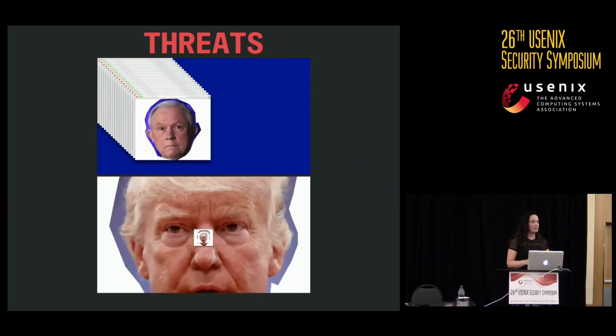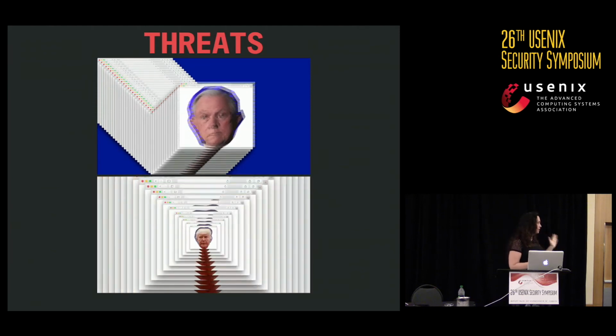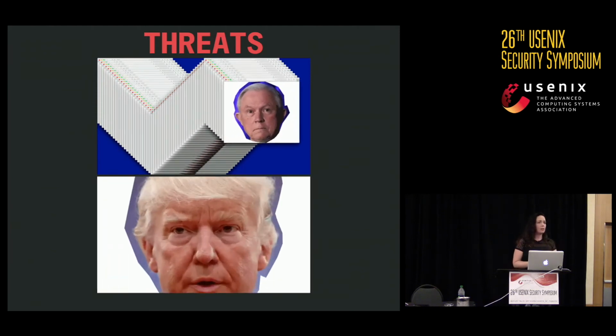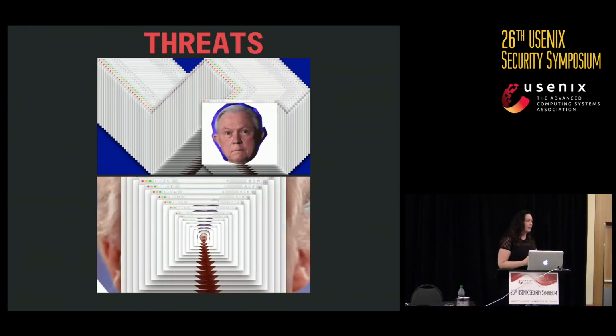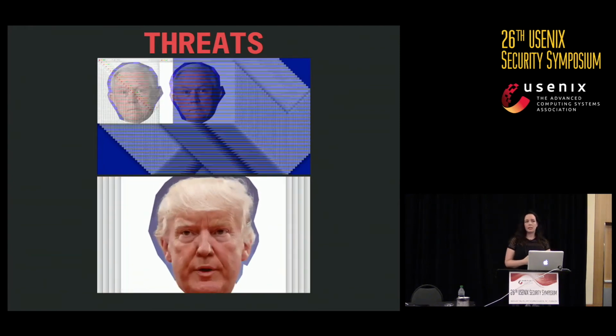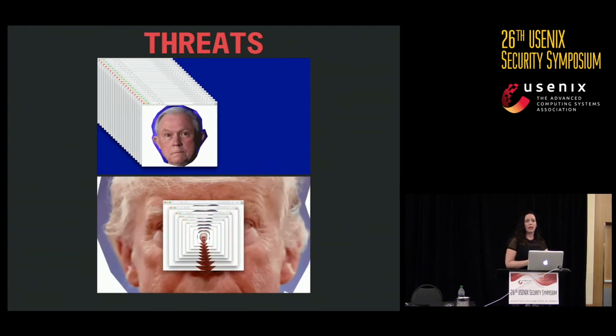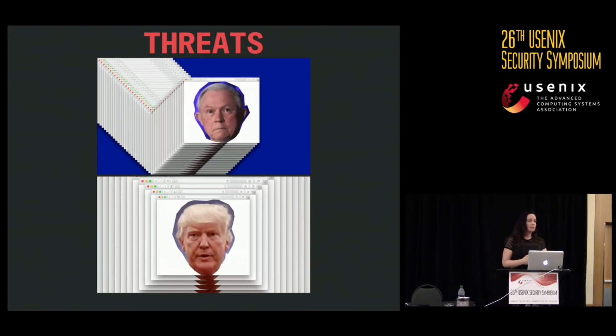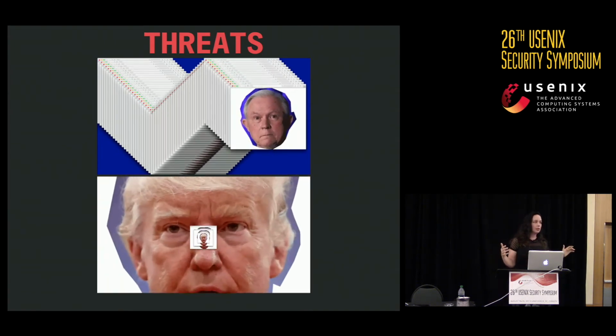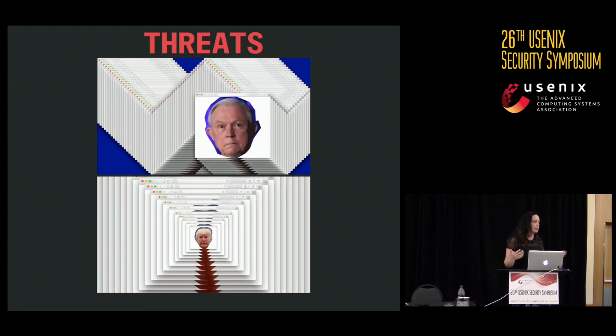So Jeff Sessions, the Attorney General of the US, and Donald Trump, the President, have both promised to crack down on leakers. And cracking down on leakers means cracking down on journalists, basically. They have mentioned, maybe they're open to subpoenas for news organizations.